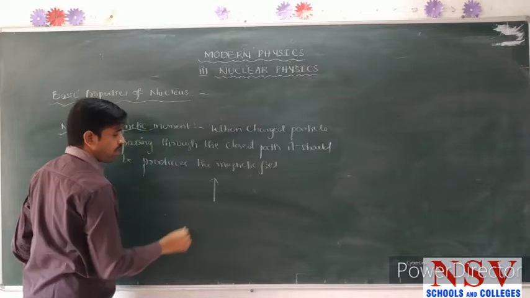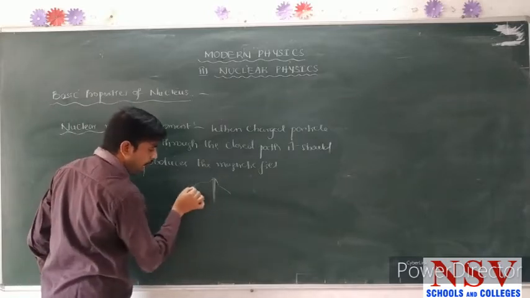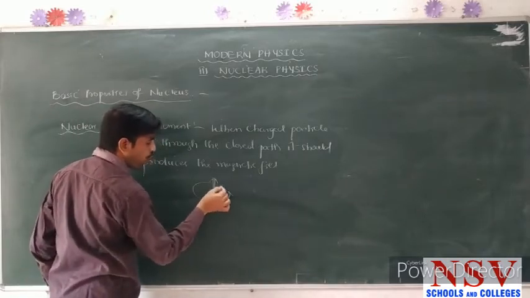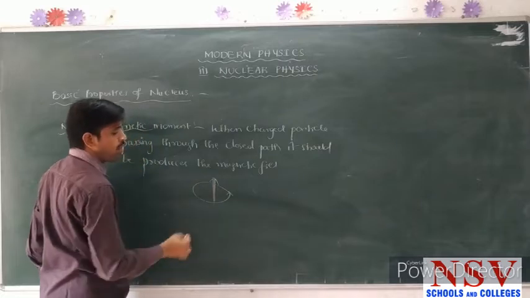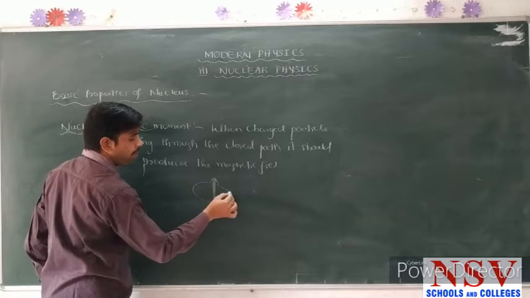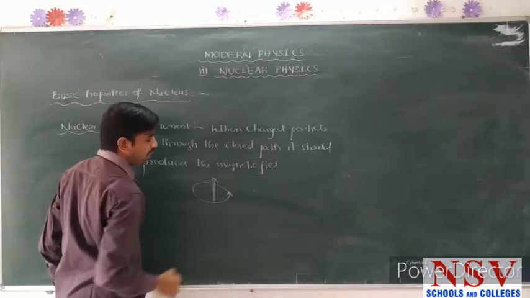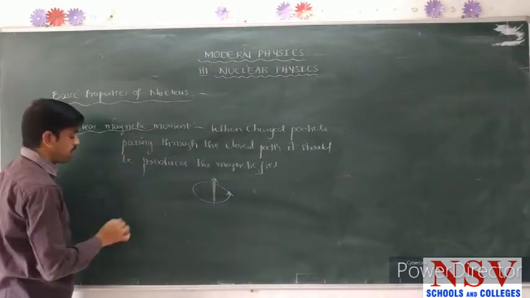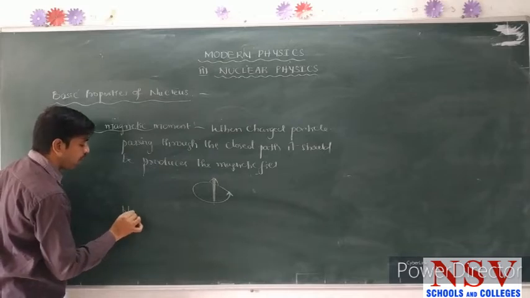Suppose this is the direction. Now our electron is revolving around the nucleus in a particular orbit. When this charged particle revolves around the nucleus in a particular orbit, a magnetic field is developed. And this is the nuclear magnetic moment.